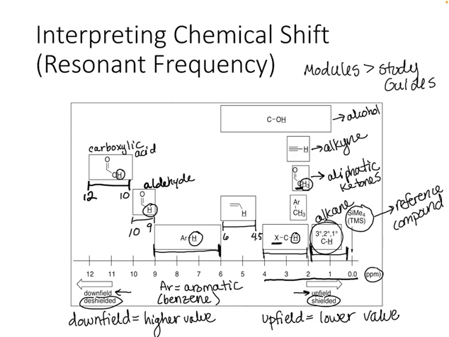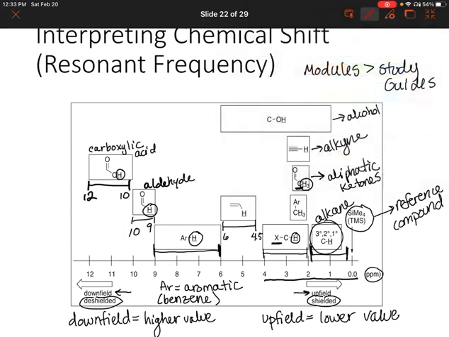So what you might notice is in the downfield region, the higher value region, we have a lot of carbonyl groups, so oxygens, etc. And those are very electronegative. So let's just write En here for electronegative.